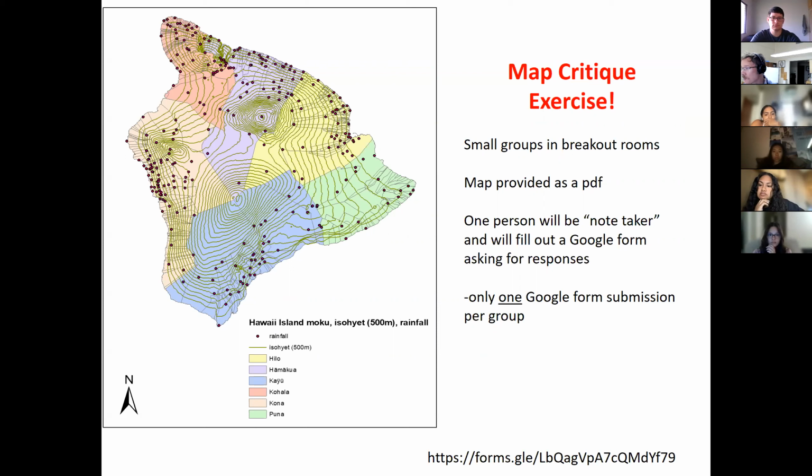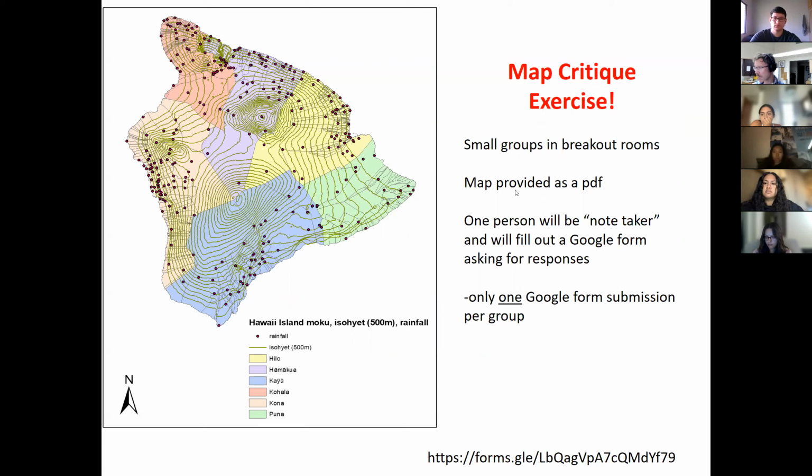Hopefully you can click on that in the chat and it will bring up a PDF that you can have on your computer. Can I get a thumbs up from folks that it has worked? Okay, great. I'm seeing that it's coming to some different folks. Fantastic. And then I'm going to stop sharing here in a second.